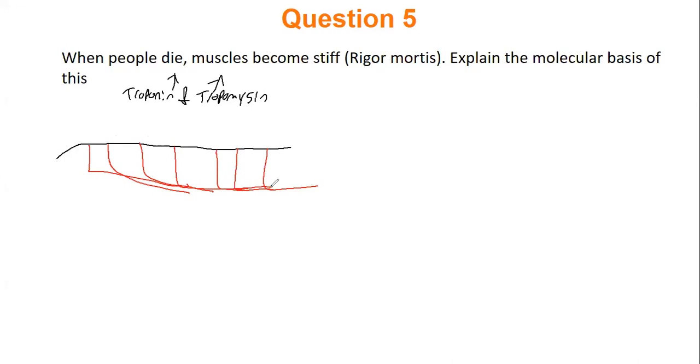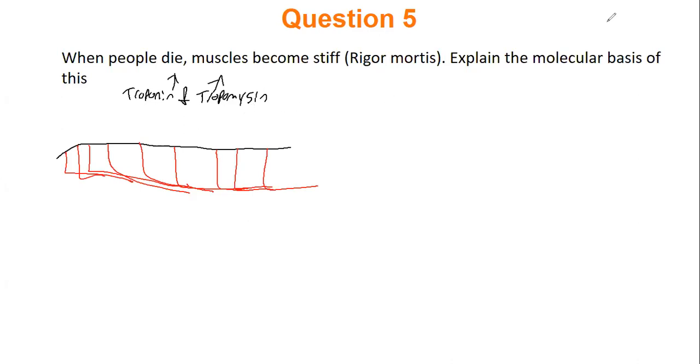So if you're trying to move a dead person's arm, you are fighting against all of the myosin heads that are bound to every single thin filament, right? So it's kind of like stuck there like super glue. There's no letting go of that. That is the biochemical basis of what we call rigor mortis in a nutshell.